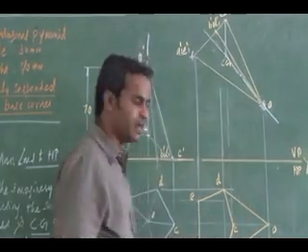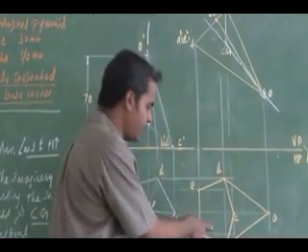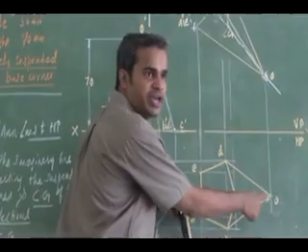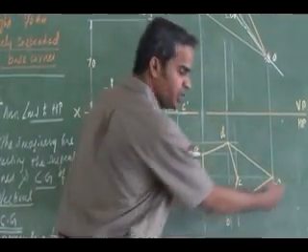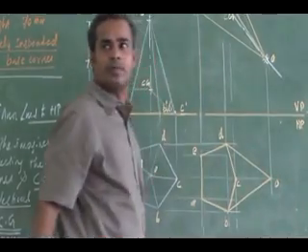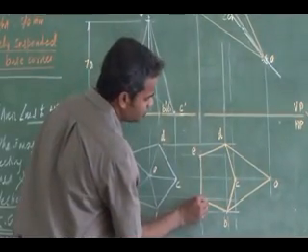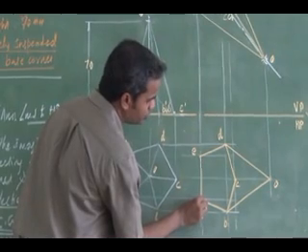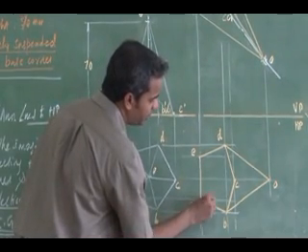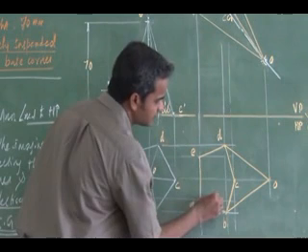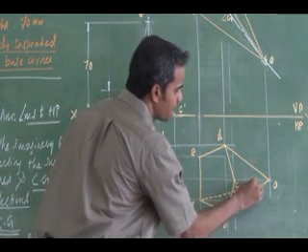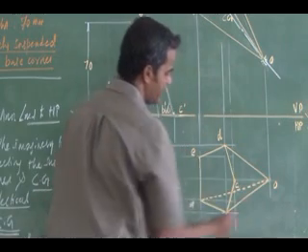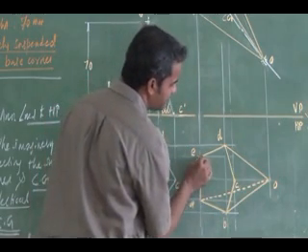AO crosses the fully visible base, so I show this slant edge as a dotted hidden slant edge. Similarly, EO is a hidden slant edge.